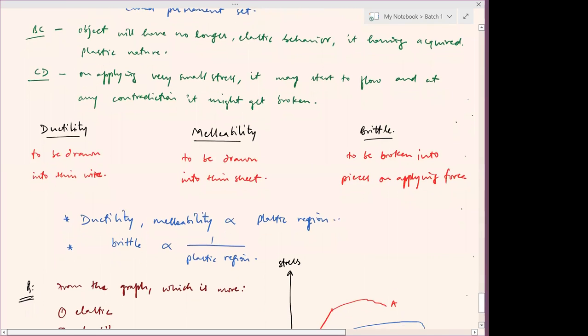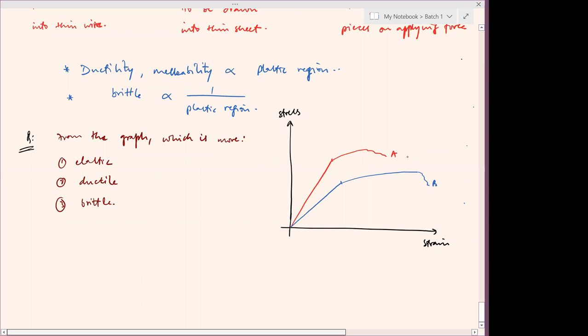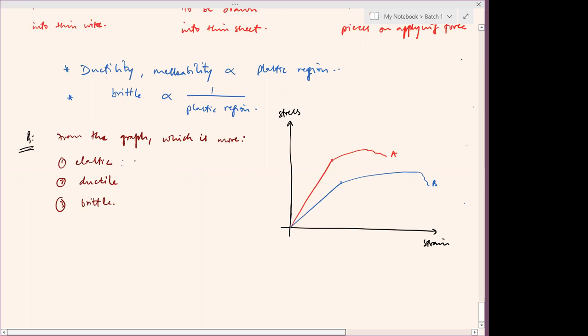In this particular graph, Hamza, just tell me which one has the greater slope. Sir, A. So which one will be more elastic? Sir, A. Good.